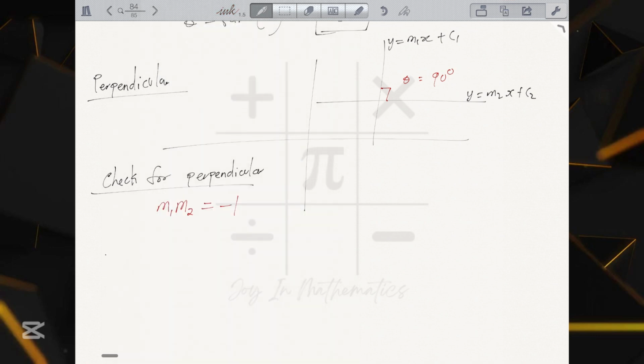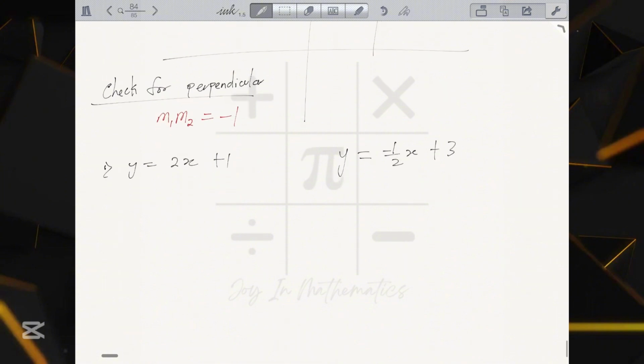We have y is equal to 2x plus 1, and likewise y is equal to -1 over 2 x plus 3. If you compare this to m1x plus c1, and also compare this to m2x plus c2, then we'll have that m1 is equal to 2, and also m2 is equal to -1 over 2.